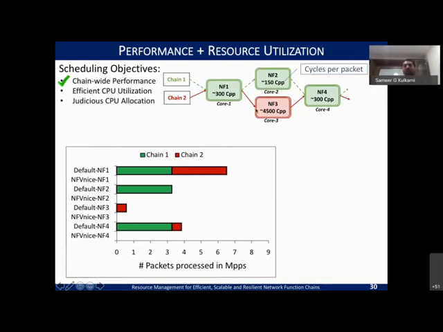But NF3 being compute intensive can only manage to process a very small portion of the packets that NF1 sent. So when these sets of packets converge at NF4, your overall throughput is just the sum of what you can handle at NF2 and NF3, right?